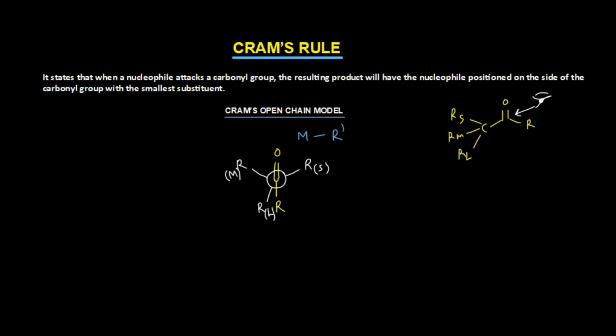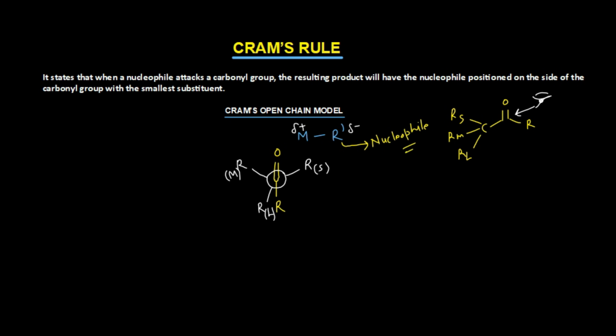And you know, the metal is less electronegative than carbon. So the metal will get a positive charge, and your R is negatively charged. That means this R part is your nucleophile. It is your nucleophile.